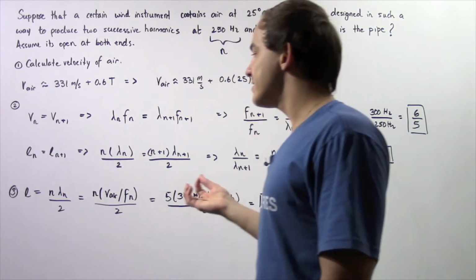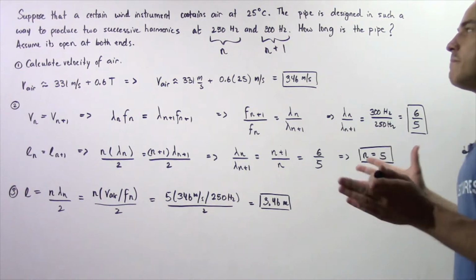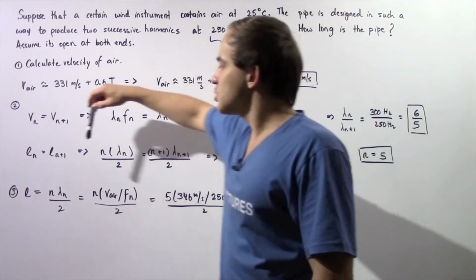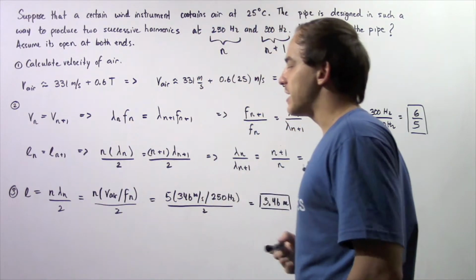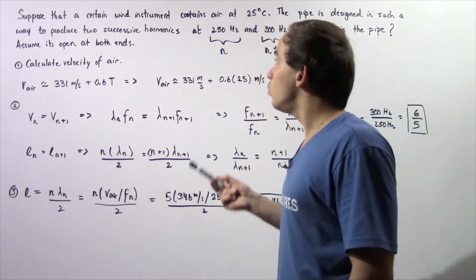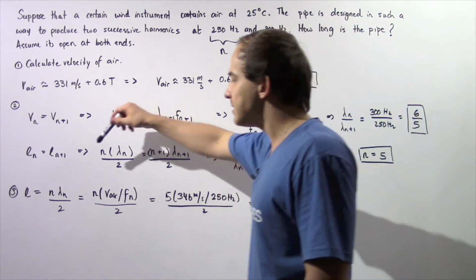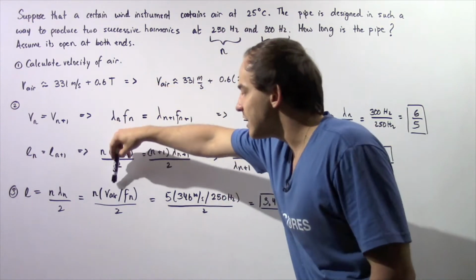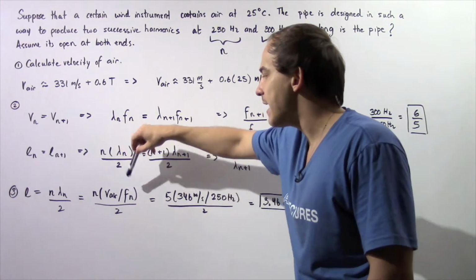In step 3, we essentially want to calculate the length of the pipe that is open at both ends. Once again, the length is equal to n times lambda n divided by 2. The n is 5. We don't know what lambda n is, but we do know that lambda n is equal to the velocity of our standing wave, v air, divided by fn.